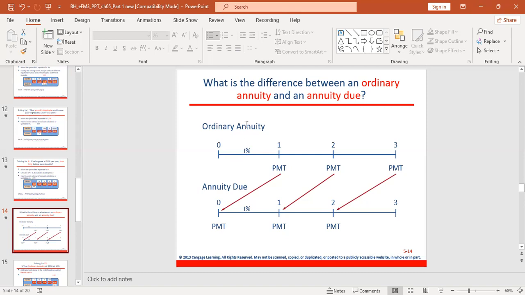In the ordinary annuity, because you put the money at the end of year 1, you only get interest after 2 years and 3 years, so you get interest 2 times. So annuity due is always higher than ordinary annuity by an additional year. Later on, you will see this from the calculation.